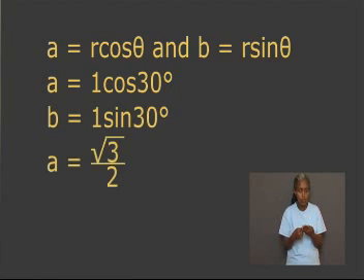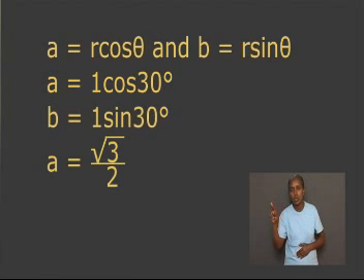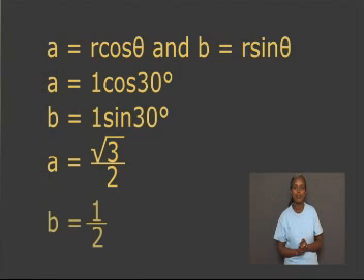Therefore, A is equal to the square root of 3 over 2. B is equal to 1 over 2, or 1/2.